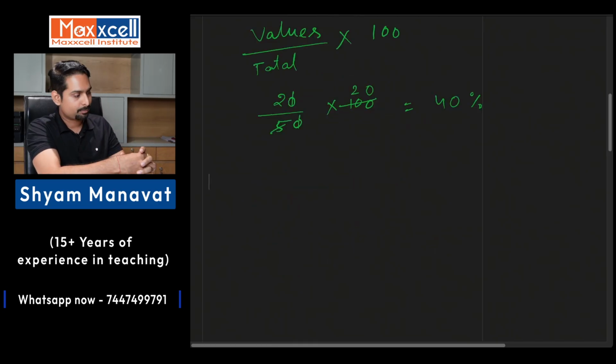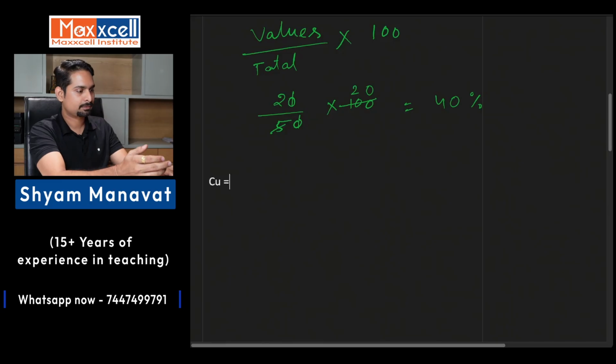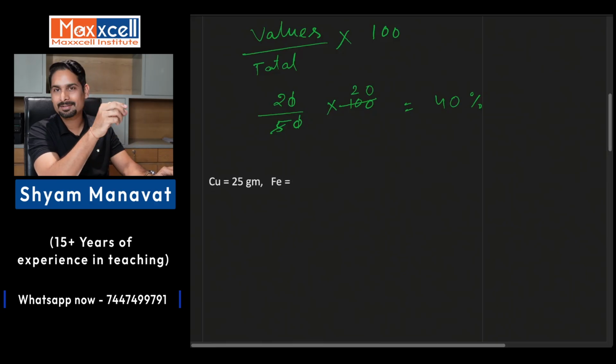Let me give you another example. Let's say there's an alloy, which is a compound of copper, zinc and iron. Let's say copper is 25 grams in that alloy. Then we have iron, which in the periodic table we mention as Fe.